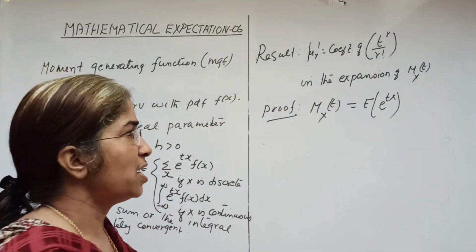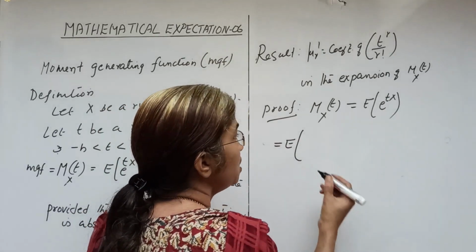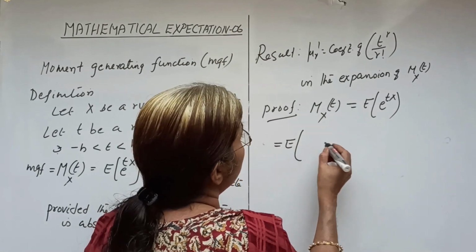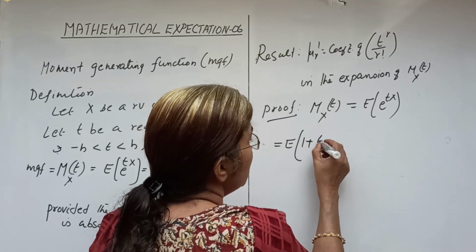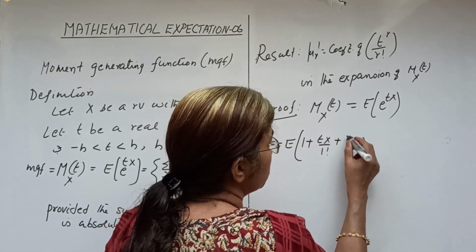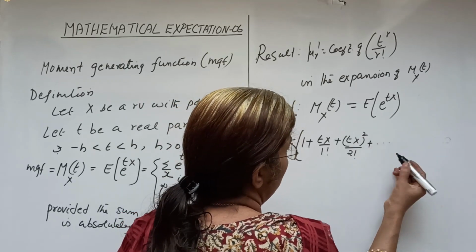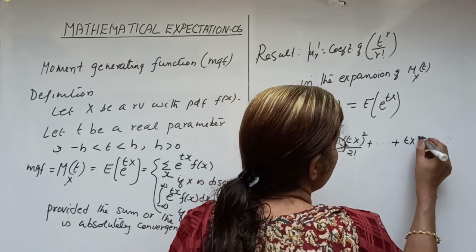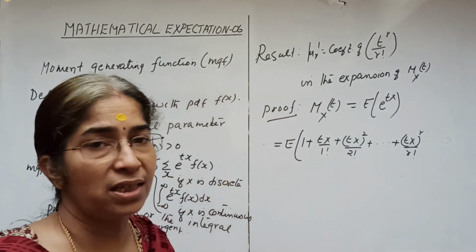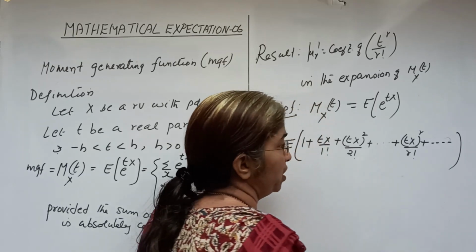We can write the expansion of e raised to tx as 1 plus tx by 1 factorial plus (tx) whole square by 2 factorial plus etc., plus the general term (tx) whole raised to r by r factorial, plus etc. up to infinity.